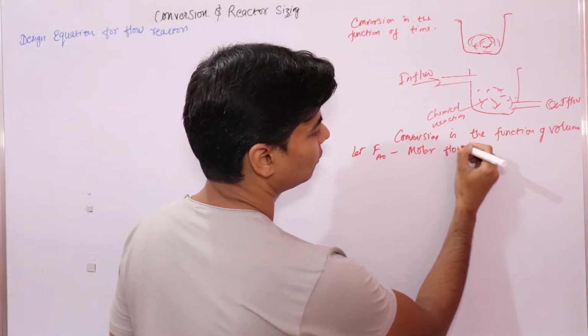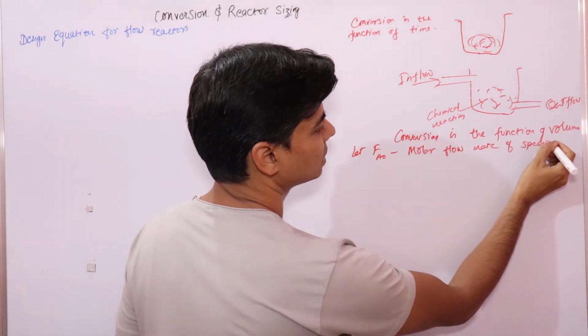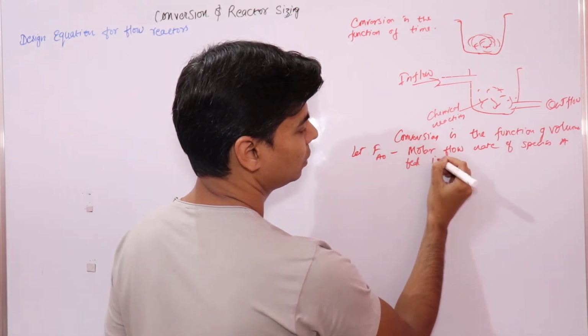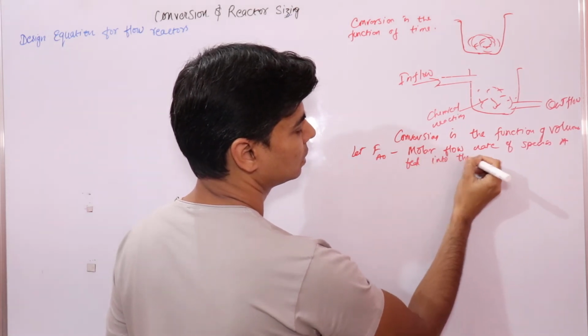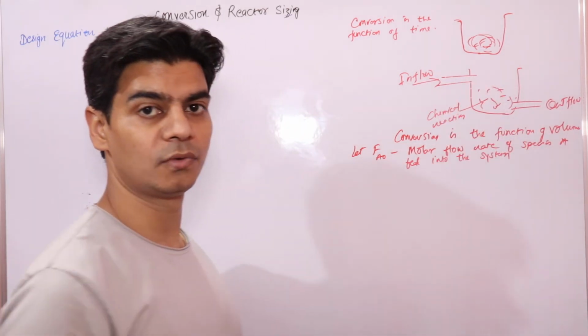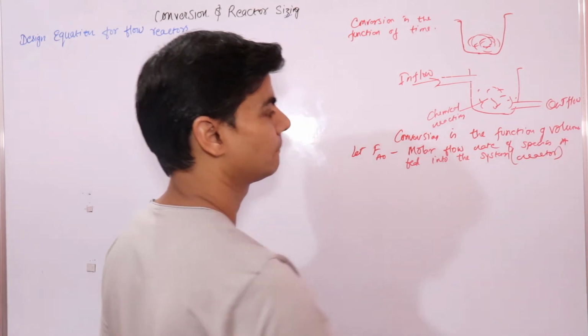Molar flow rate of species A fed into the system. Here the system is your flow reactor system or the reactor.